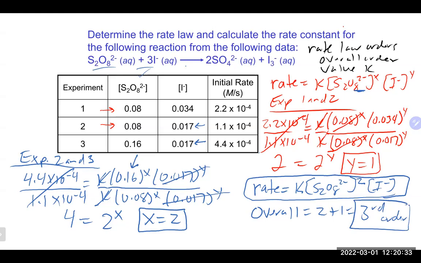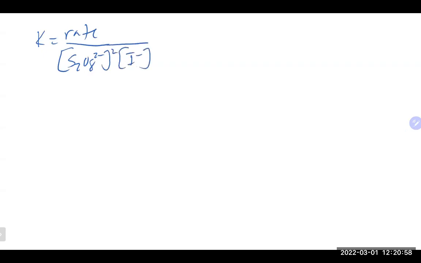And the last thing that we're going to do is solve for the value of the rate constant. So I'll flip a page here, but I'm going to take the rate law and solve for K. When I do that, I get that K is equal to the rate divided by S2O8 2- squared, I- to the first.